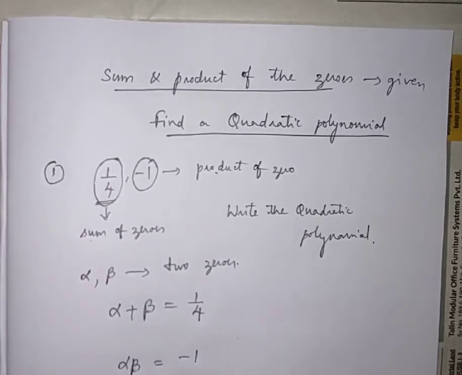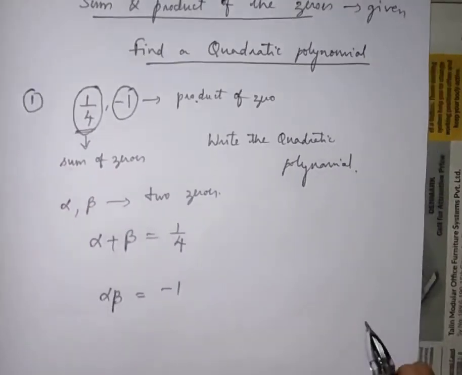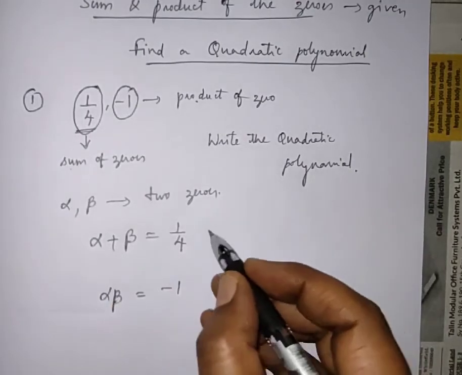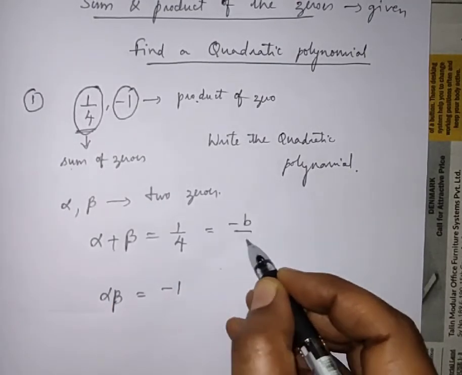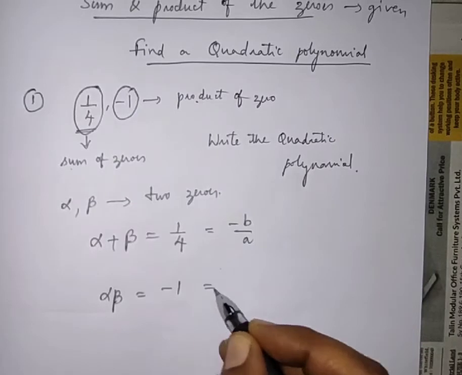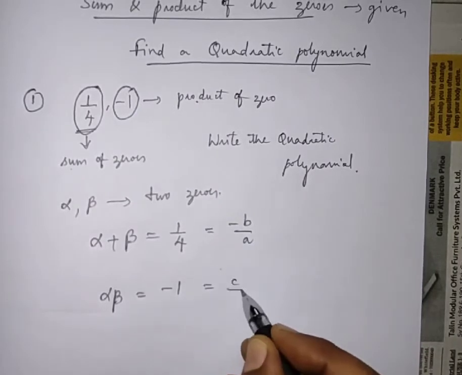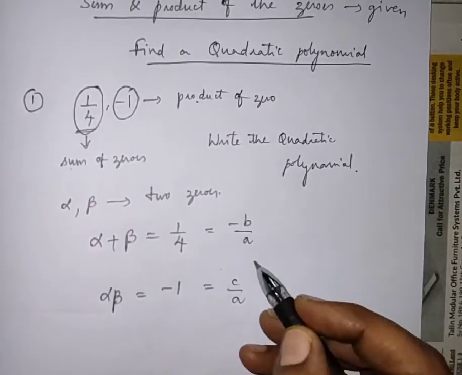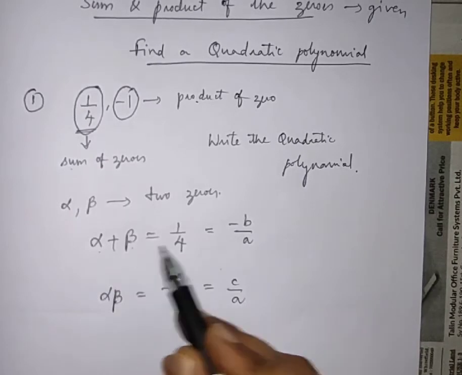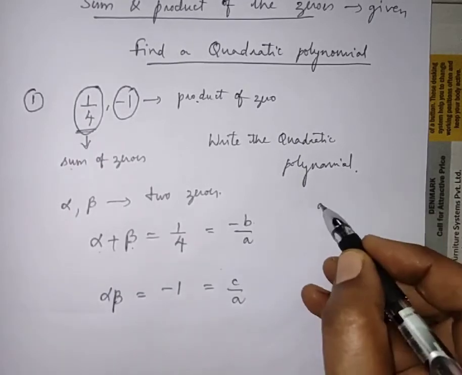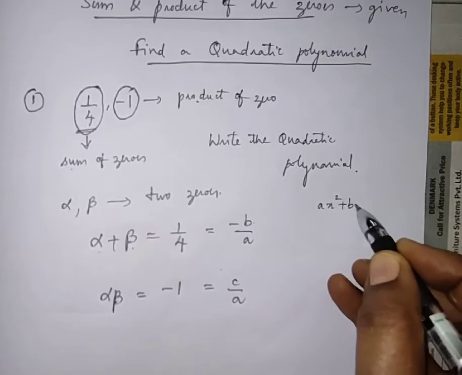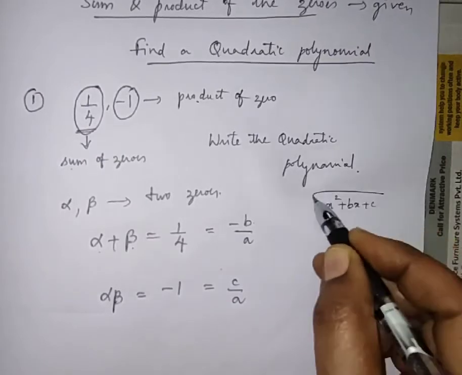Now, the sum of zeros will be equal to minus b by a and the product of zeros will be equal to c by a. This is the relationship between the zeros and the coefficients of the quadratic polynomial ax square plus bx plus c.